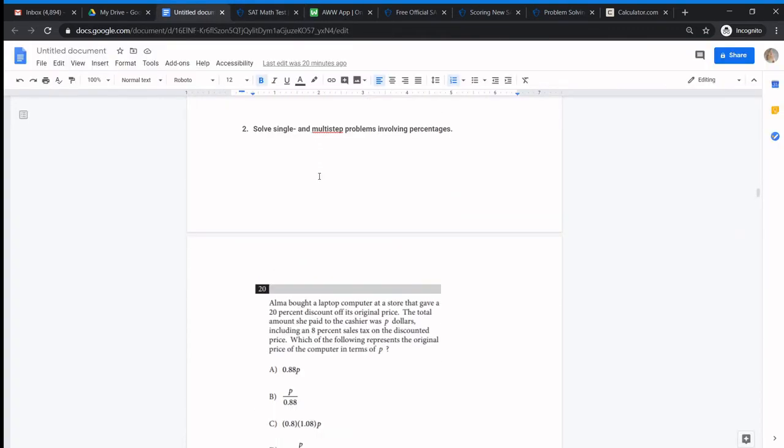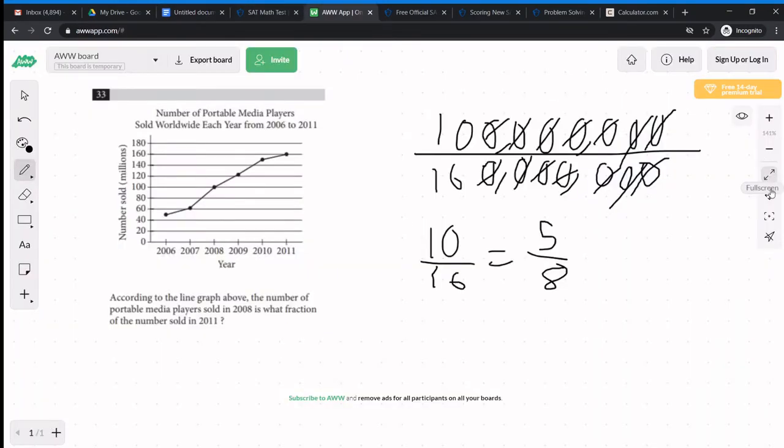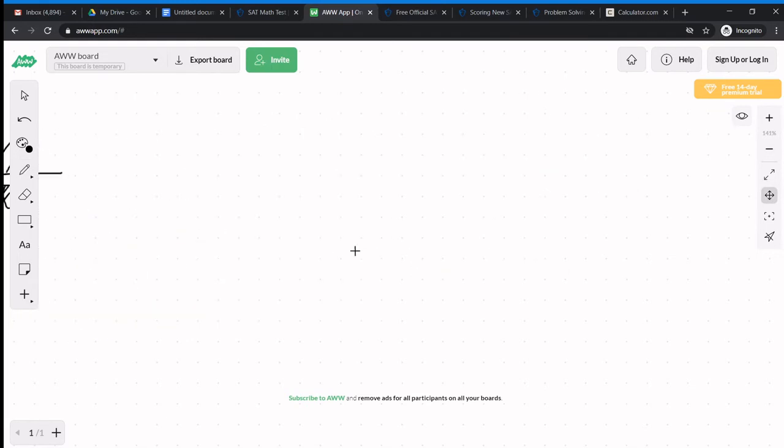Alright, let's go to the next one. Solve a single or multi-step problem involving percentages. Okay. Copy this one, and we are going to paste over here.